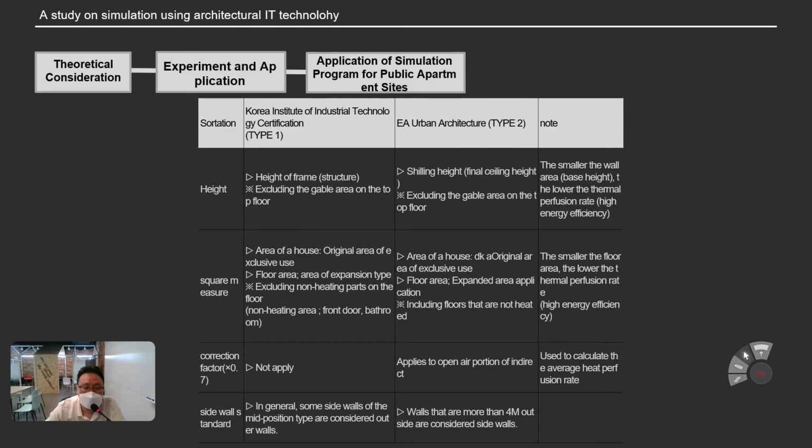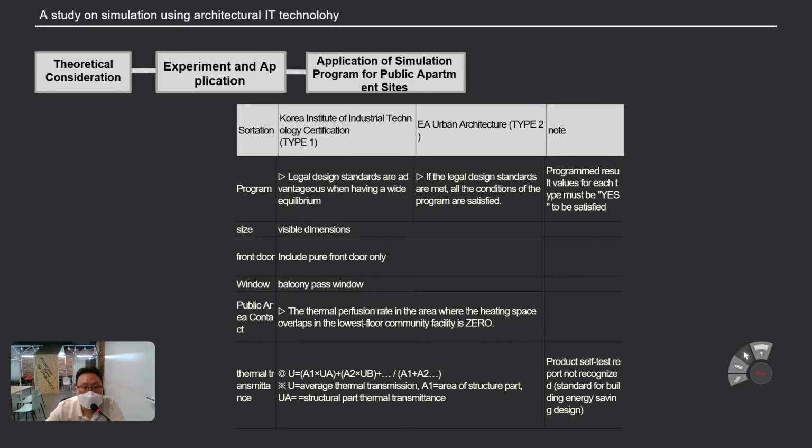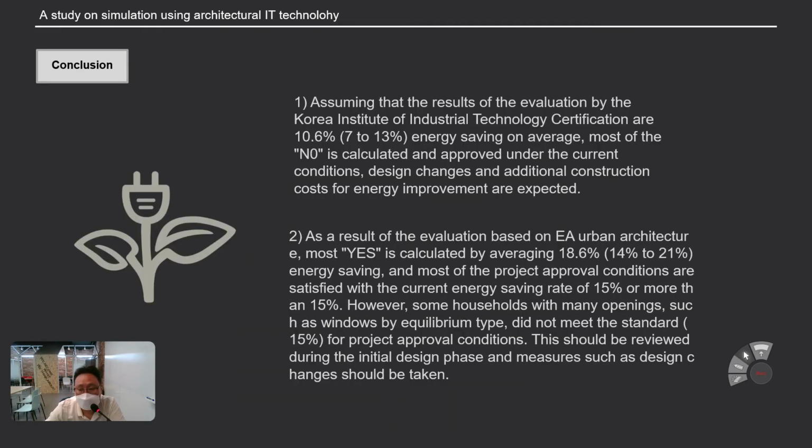Then the security measure correction factor and side wall standard. This is the type 1, type 2 classification. The program covers size, front door, window, and public area, and contains the thermal transmittance. Okay.